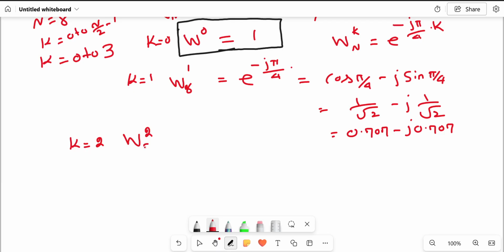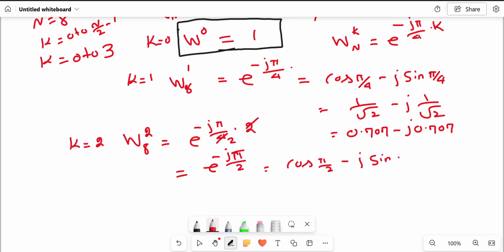Okay, similarly, k is equal to 2: W_8^2 is equal to e power minus j pi by 4 into k, the value is 2, no? So we get e power minus j pi by 2. You can write cos pi by 2 minus j sin pi by 2.